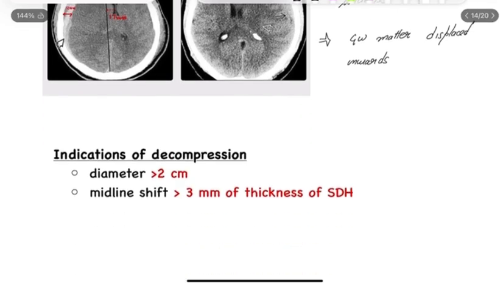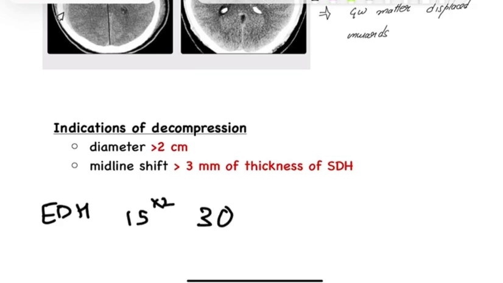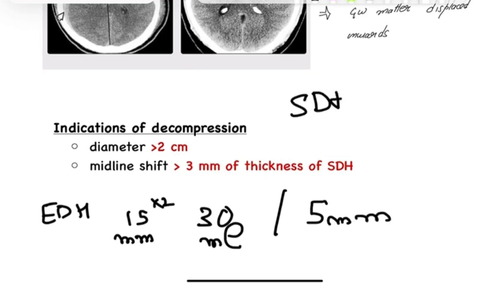Now, what are the indications of decompression? In EDH, we studied the formula of 15 into 2, 30 divided by 5. That is 15 mm maximum thickness, 30 mm maximal volume, and 5 mm midline shift. In SDH, the formula that we need to remember is 2 and 3. 2 centimeters and 3 mm.